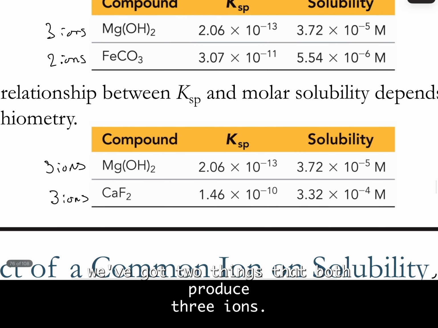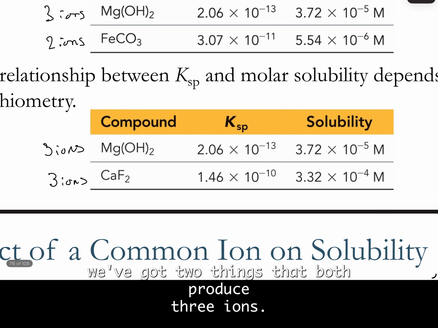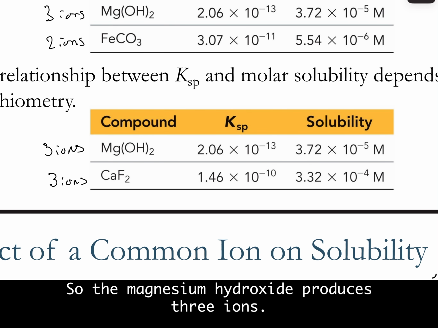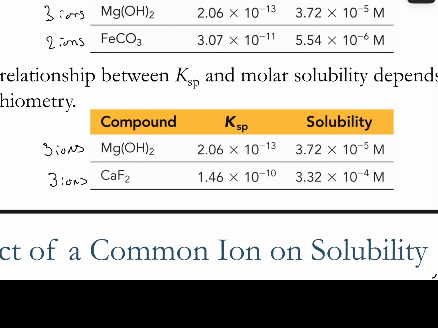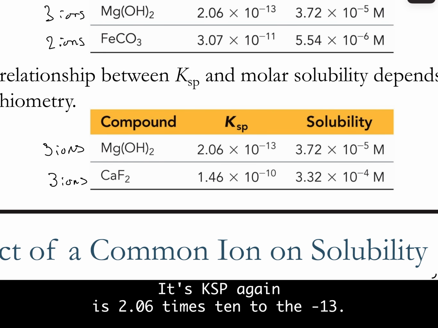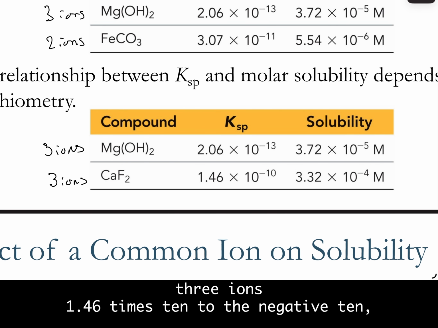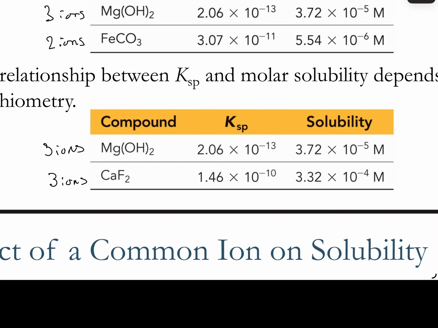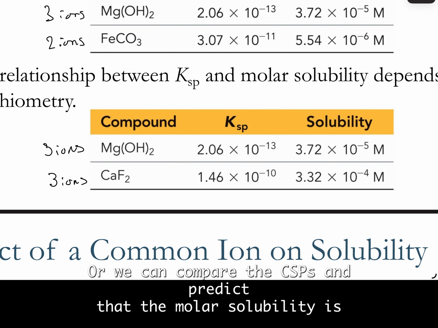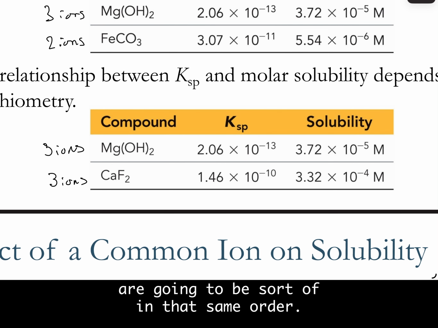On the second table, we've got 2 things that both produce 3 ions. So the magnesium hydroxide produces 3 ions. Its KSP again is 2.06 times 10 to the negative 13. And when we compare it to something like calcium fluoride, which also produces 3 ions, 1.46 times 10 to the negative 10, we can compare the KSPs and predict that the molar solubilities are going to be in that same order.